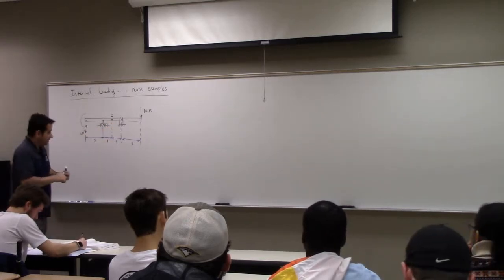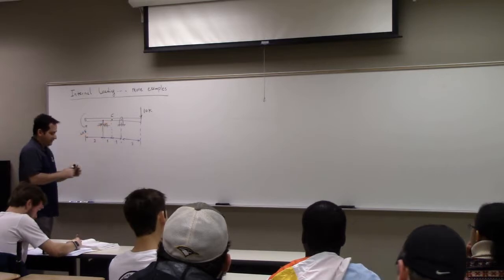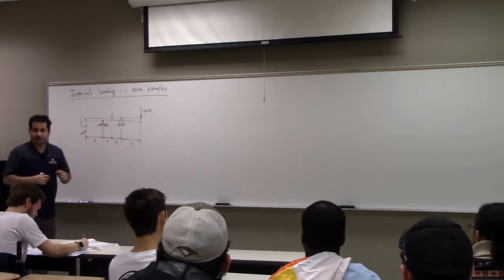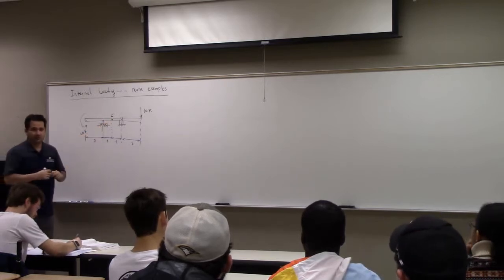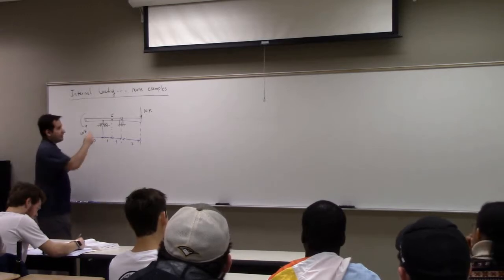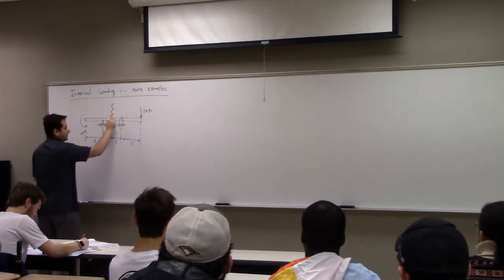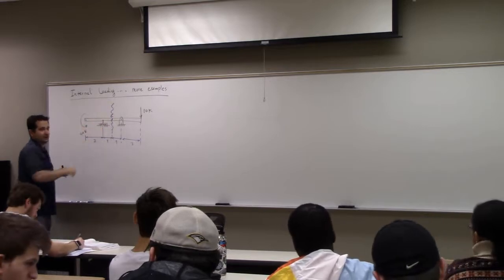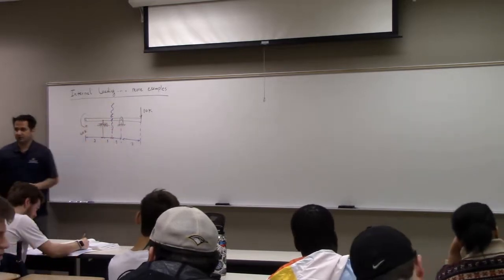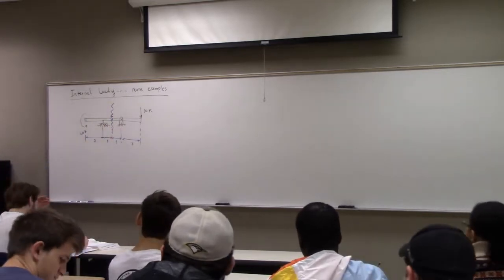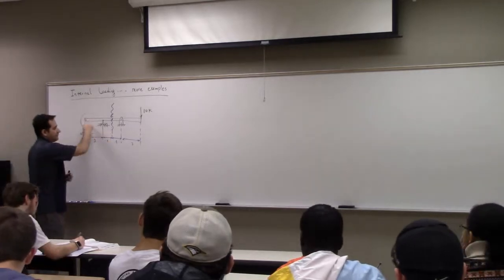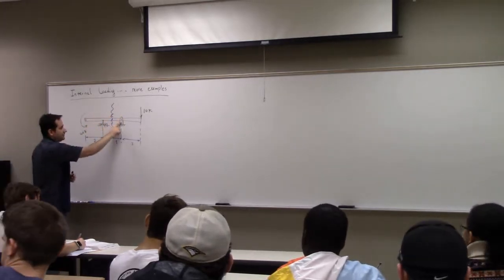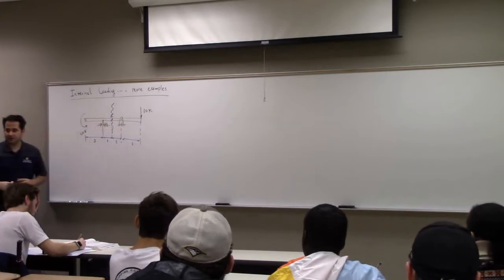So at point C, if I want to find internal loading, what should I do first? Somehow you cut it, right? Either take the one on the left or the one on the right. But you immediately realize that whatever I take, I have to compute either this one or this one, the external reaction.